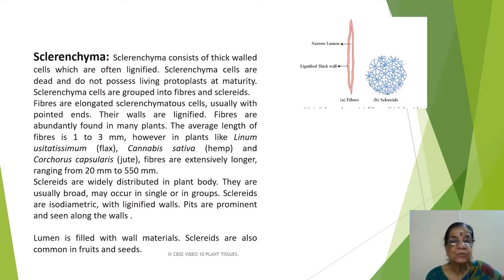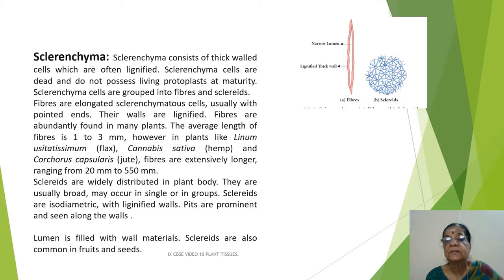Then the next one, sclereids. They are widely distributed in the plant body. They are usually broad, may occur singly or in groups, and they are isodiametric with lignified walls, and pits are prominent and seen along the walls.